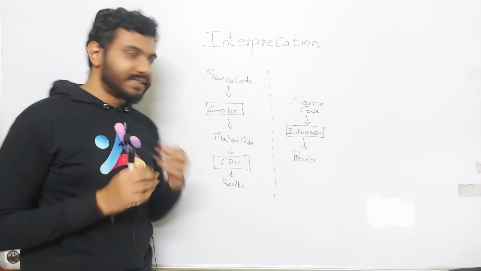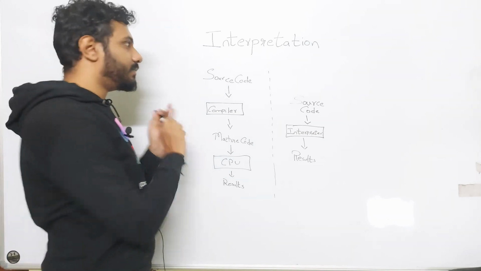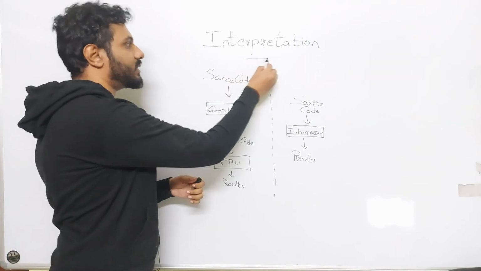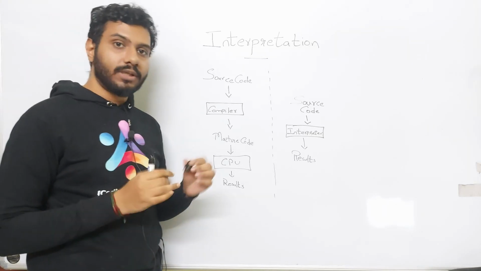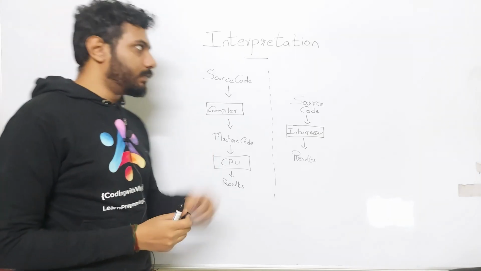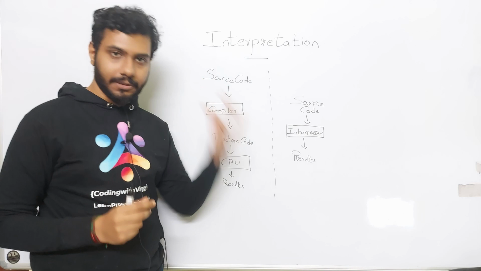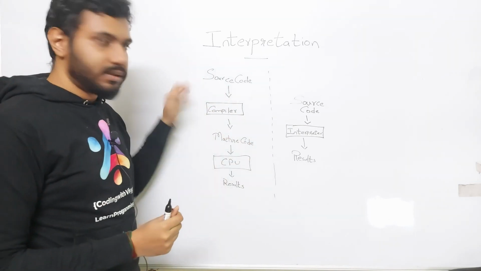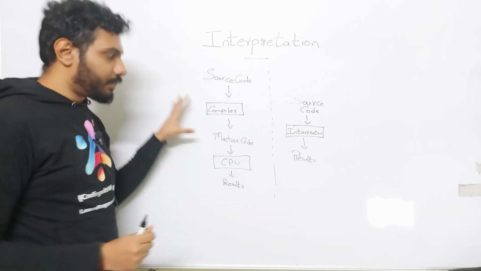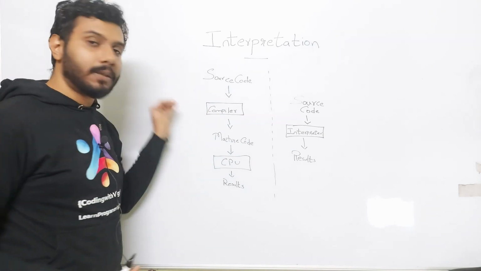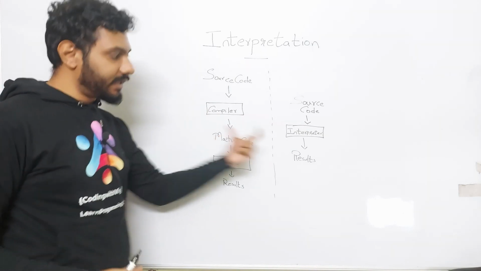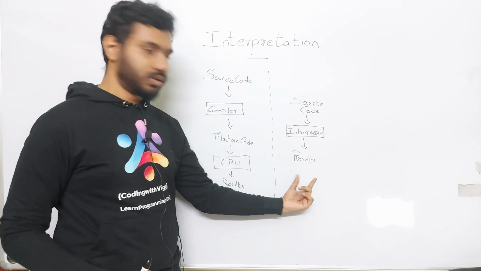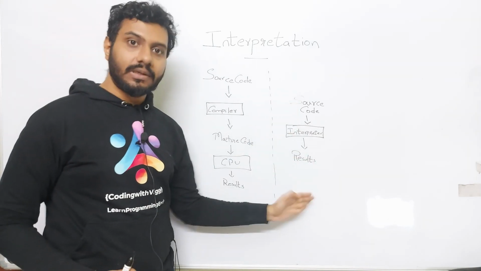Now we will understand what is interpretation and how does the interpreter work. Before understanding the interpreter, on this side is the flow of program execution of a compiler language, and here is the flow of execution of the interpreter language.